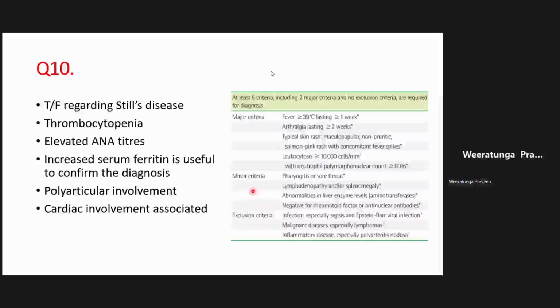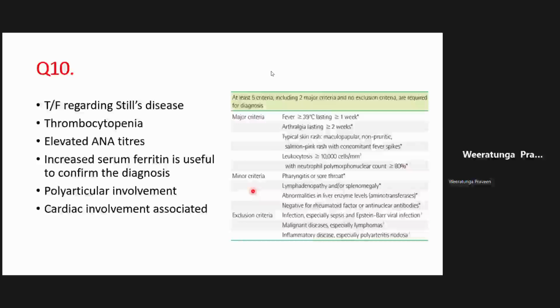Cardiac involvement can occur, and they have pericarditis and pericardial effusions. They can also get pleuritis and pleural effusions. So they have a serositis as well, right? So pericarditis and pericardial effusions, and pleuritis and pleural effusions, which are a manifestation of serositis. So that's a little bit about Still's disease.